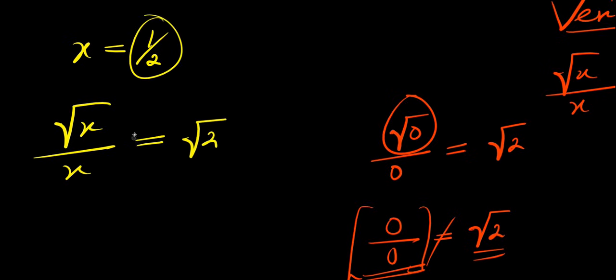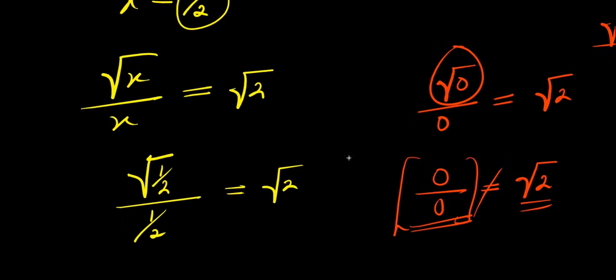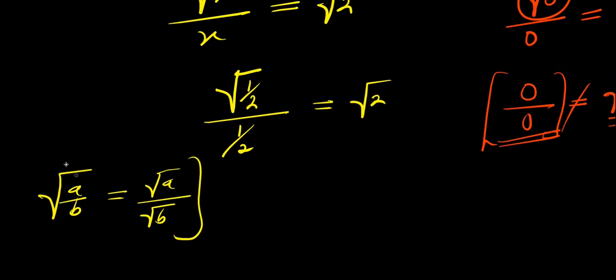So what we are going to do will be to substitute this for x. So we have square root of 1 over 2 divided by 1 over 2. This equals root 2. So when you have square root of a over b, this equals square root of a divided by square root of b.